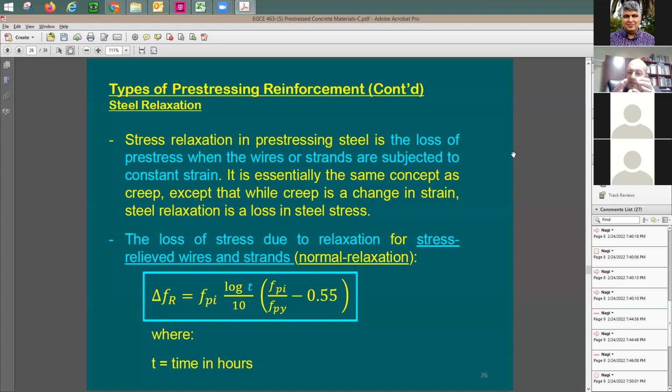So all the losses here are not going to be only due to shrinkage, instantaneous or elastic shortening. The elastic shortening, which means the elastic strain, by the way. We call this also elastic shortening, AKA. So you have the elastic shortening, which means initial shortening of the concrete or strain. You have the creep, you have the shrinkage.